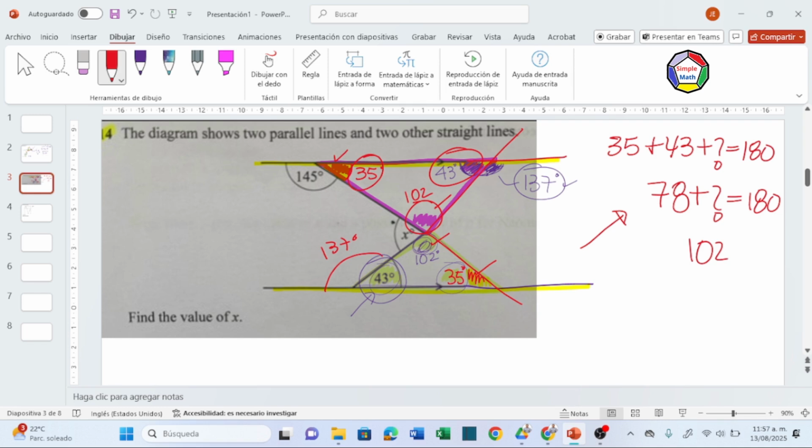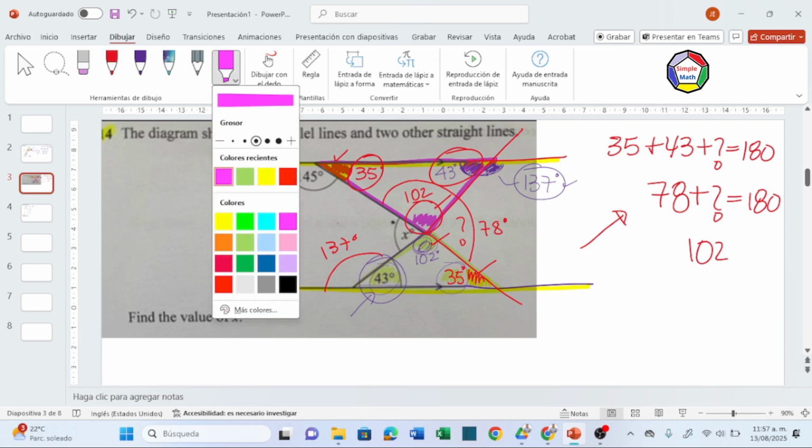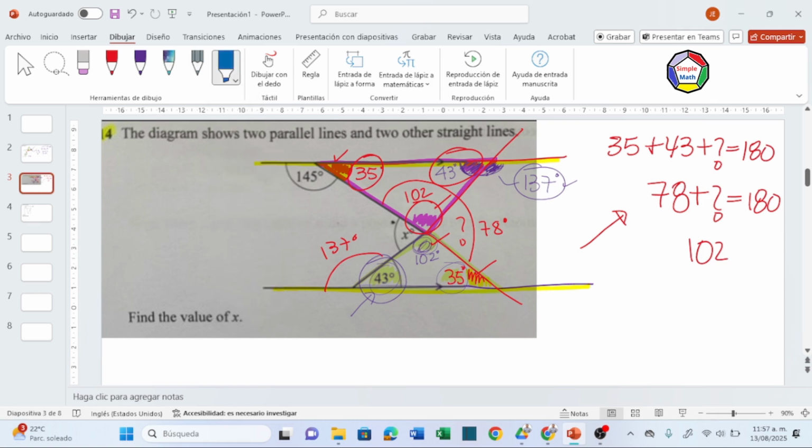But this is another explanation about that. And think about this. If this is 102, how much is missing to get 180? 78. So this angle is 78 degrees. Wait, let me change this. Let's choose blue. Think about this.